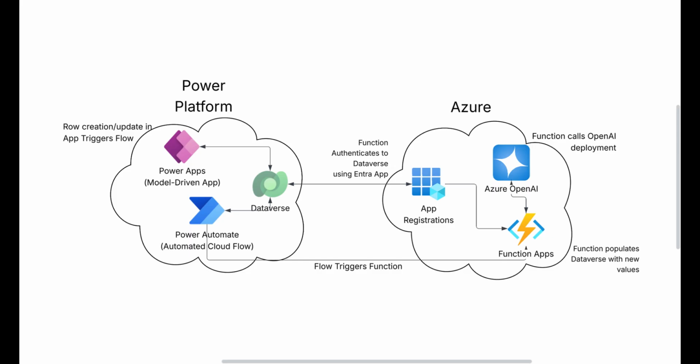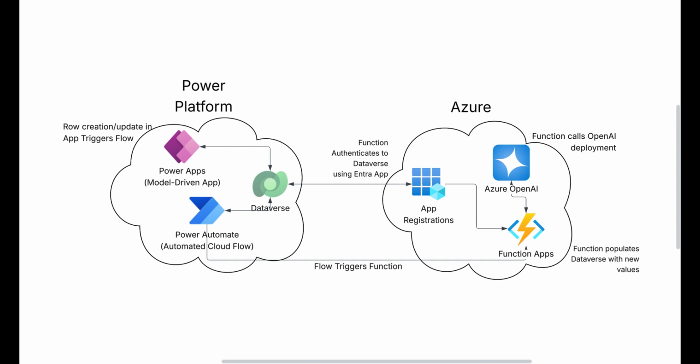Here you can see the architecture of our project. Our tickets and surrounding data will be stored in Dataverse, and when we edit this data in our model-driven app, a Power Automate flow will be called, which will trigger an Azure function. Our function needs our Dataverse credentials in order to access that data, so we will use a Microsoft Entra app registration.